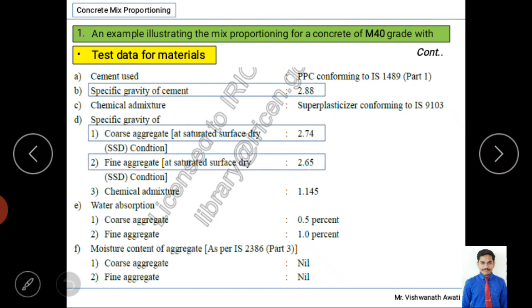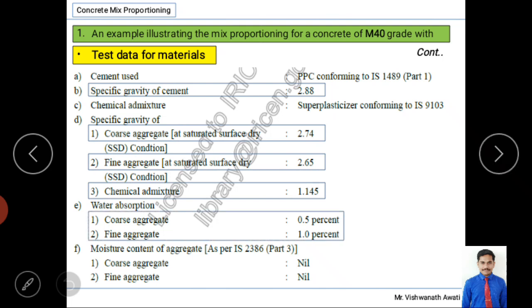Fine aggregate at saturated surface dry condition is 2.65. Next, specific gravity of chemical admixture, which is a superplasticizer, is 1.145. These four values are very important because the remaining steps mainly require this kind of data.